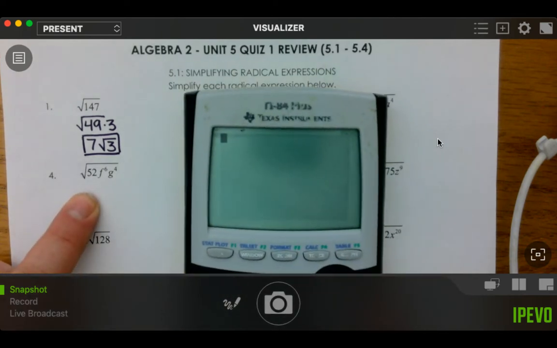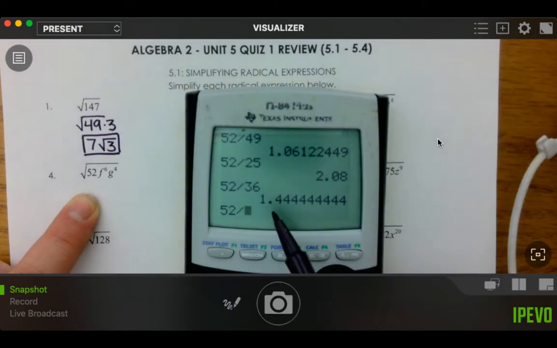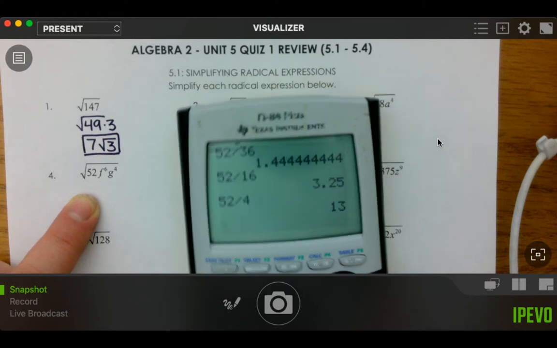So for this one, 52 divided by, let's start with 49. That didn't work, so I'm going to try 25. I skipped one. I forgot to try it. 36. Most of the time I go in order, but I forgot 36, so I had to go back to it. 16. 4. 4 and 13.